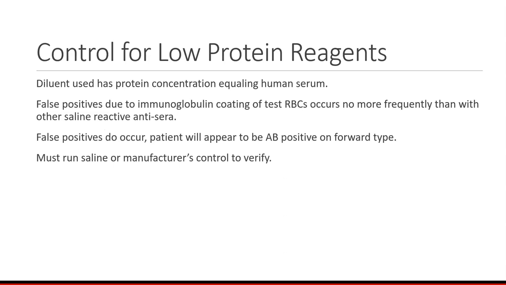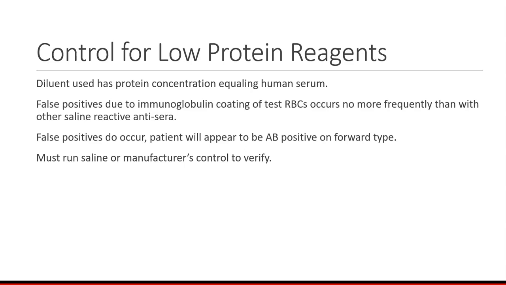Whenever you are running a test, we need to have the controls. And for the D typing, we don't always have to use the control. There's just certain times, especially the weak D test is number one. The diluent used has a protein concentration equaling human serum.